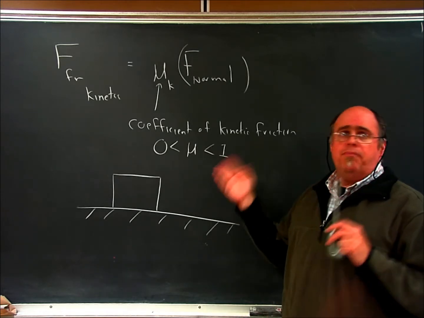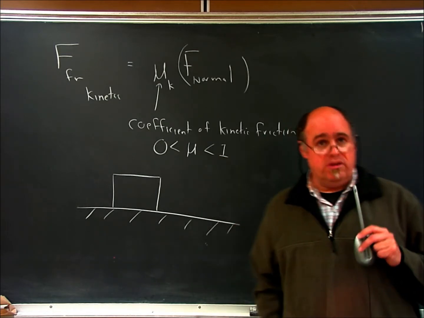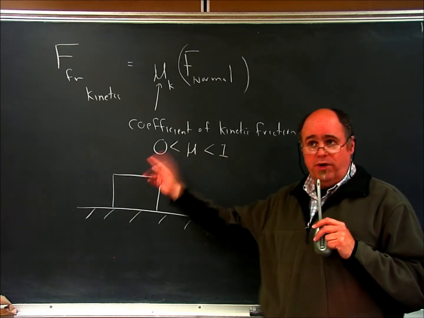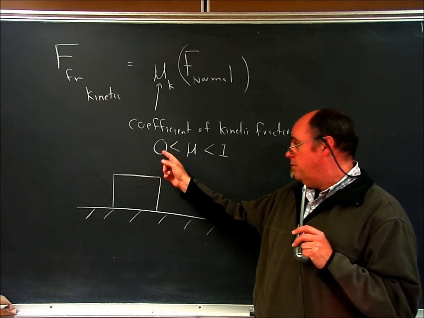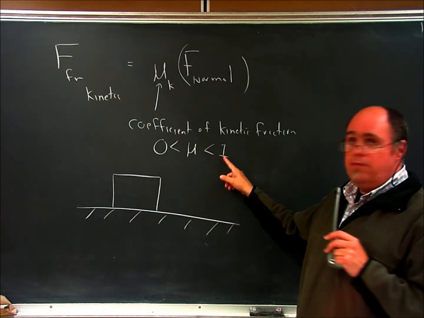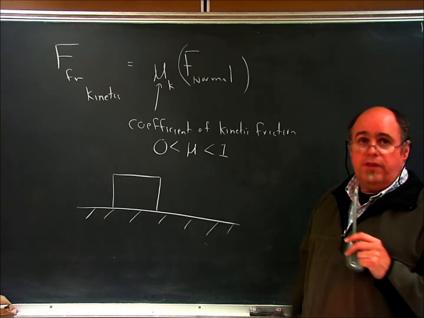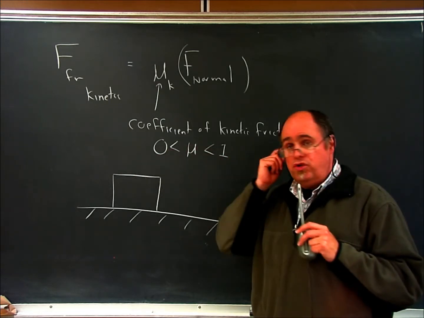If we can get all the way up to 1, there would be no sliding between those two surfaces. It's a decimal number, this thing called the coefficient. It's typically between 0 and 1. Most of your word problems will be between 0 and 1. There's no limit there. It could go higher than 1. But for us, most of the time you will be between these two.